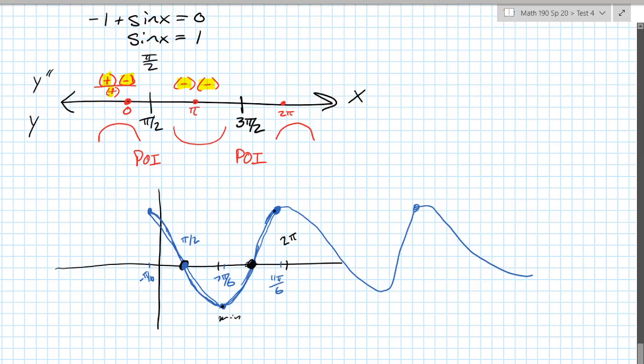Then it starts repeating again. That is the max. And if we go the other direction, we would see a max there to the left at negative pi over 6. So from here to here is 2 pi. And that's the end of that.